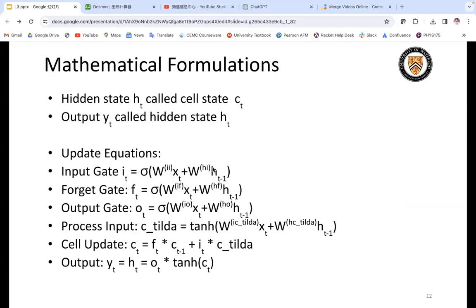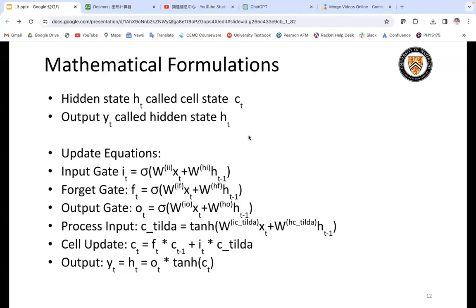And we have the following update equations. Input gate IT simply combines the input XT and previous hidden state HT-1. Forget gate FT simply combines the input XT and also the previous hidden state. And similarly for the output gate. The process input function C tilde computes the combination of XT and HT-1 and applies the hyperbolic tangent activation function.